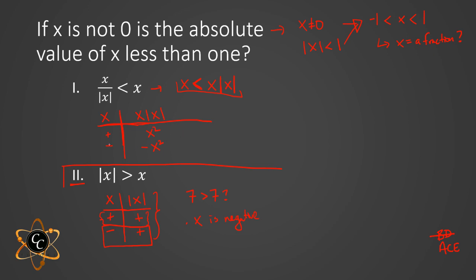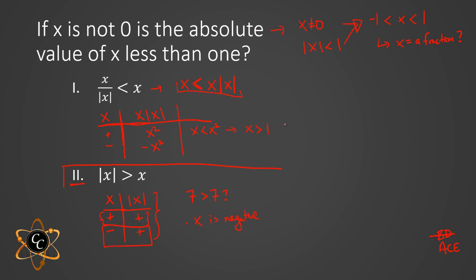Well, if x is positive, then what we've really got is x is less than x squared. So we know that x, a positive number, is less than x squared, also a positive number, meaning that x must be greater than 1.